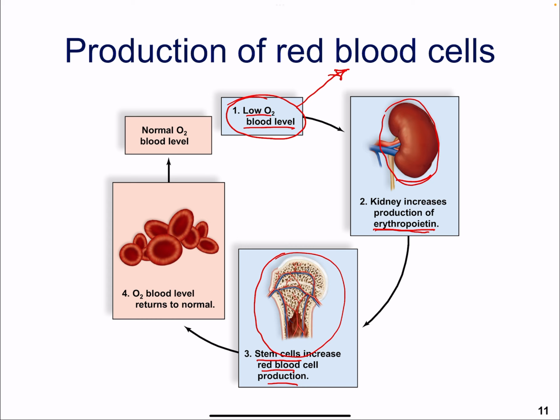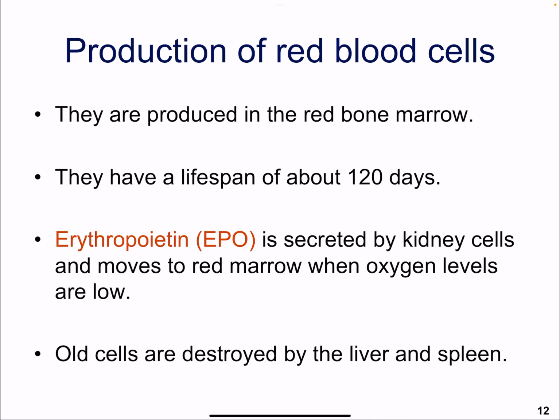So erythropoietin is the hormone that is responsible for the differentiation of stem cells in the red bone marrow to turn into red blood cells. Okay? So it's very important to remember.